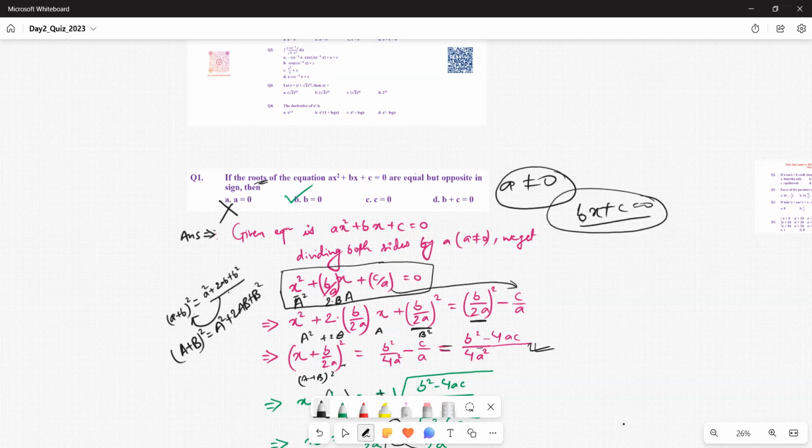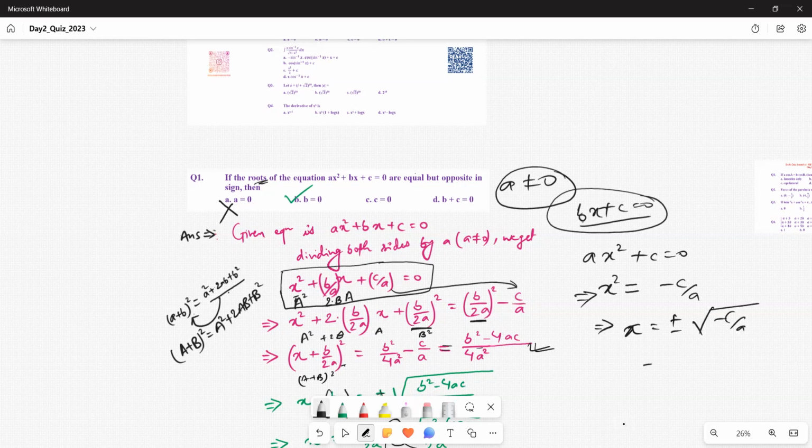Now when you put b equal to 0, the equation will be ax square plus c equal to 0. So what will be the value of x? x square will be minus c by a. Then we have x equal to plus minus under root minus c by a.